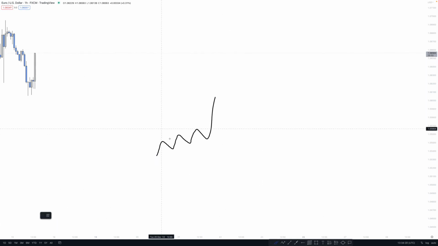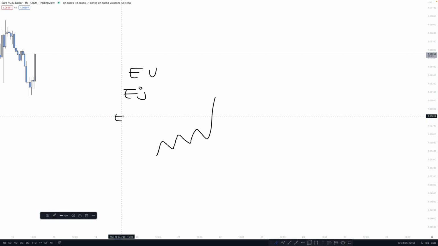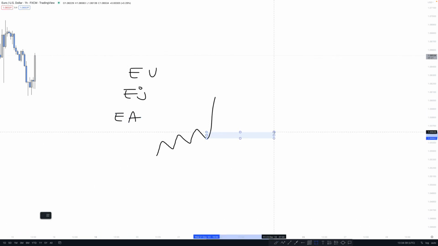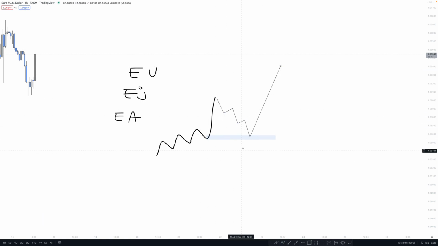So when you see this kind of price action on Euro USD, Euro JPY, Euro AUD, it is going to be high probability. When you have this demand zone here, if price starts to pull back, it's going to be high probability to trade.